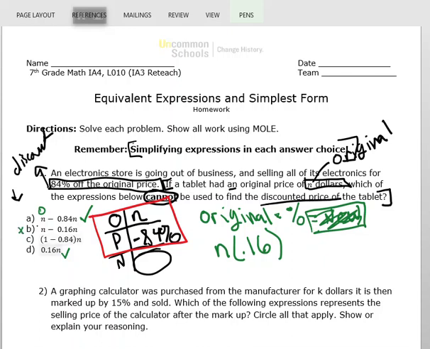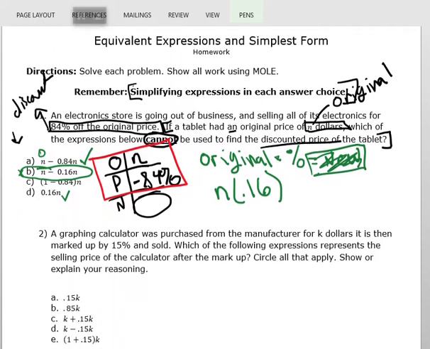So I have 1 minus 0.84 times N, which is the same when I do 1 minus 0.84, I'm going to get 0.16N. So A, C, and D are all telling me how I can find the discounted price. They're all equivalent expressions. So my answer here is B, because this one cannot, excuse me, help me find the discounted price. Let's move on down to number 2.